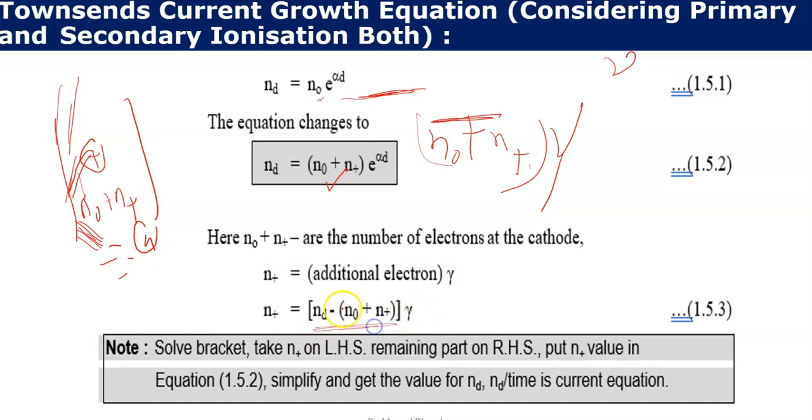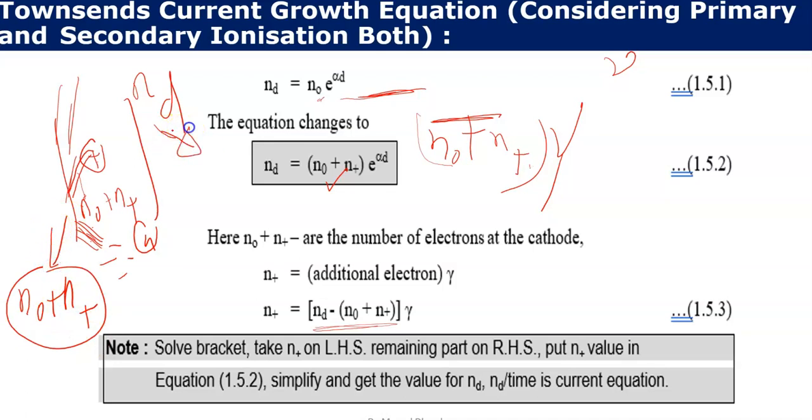So this is the equation, because what will be the electrons liberated due to positive ion? We have considered the electrons reaching the anode are Nd. The initial electrons near the cathode are N0 plus N plus. So what is the total number of electrons added due to positive ion impact?